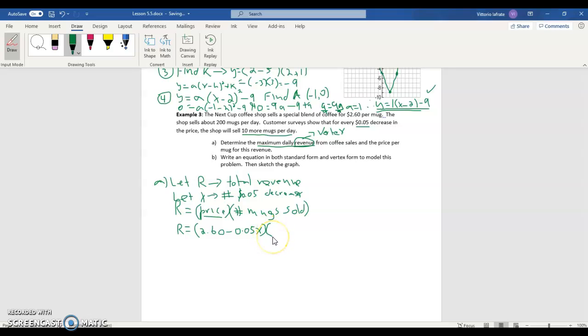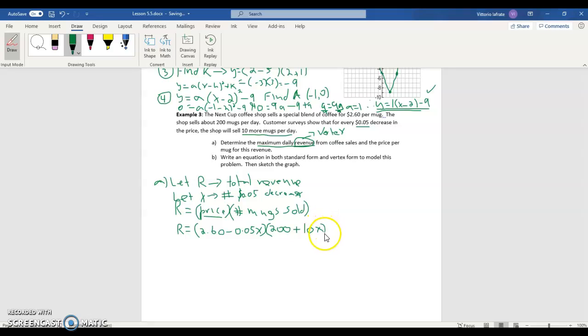Times the number of mugs sold. So we know that usually at $2.60 we sell 200 mugs per day. But if we decrease the price of the mugs by 5 cents every time, that will lead to an increase in 10 mugs for every one of those decreases.